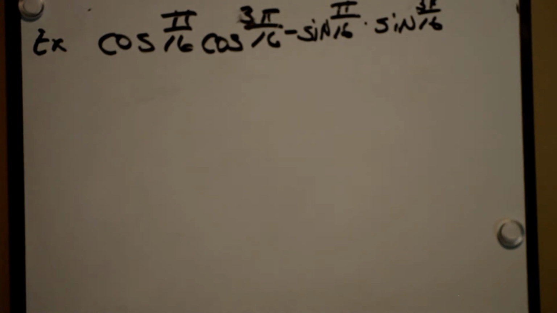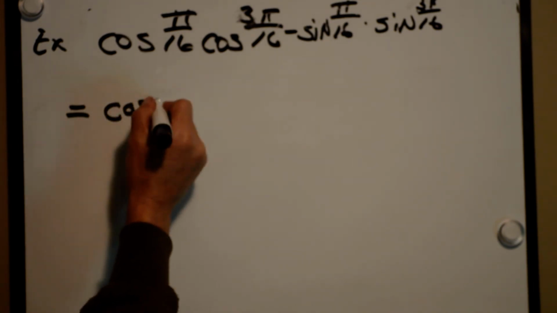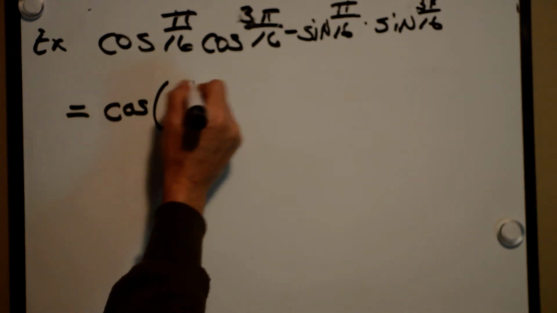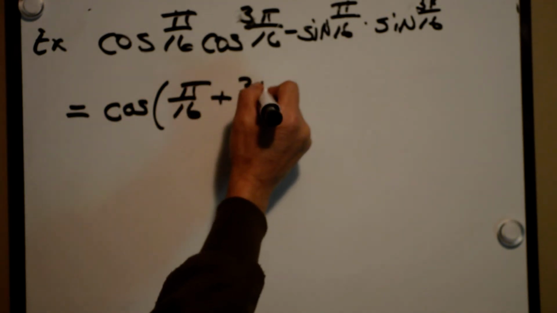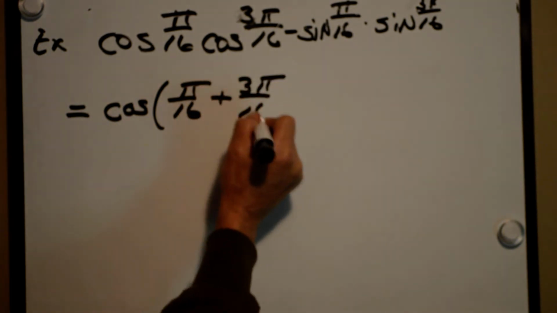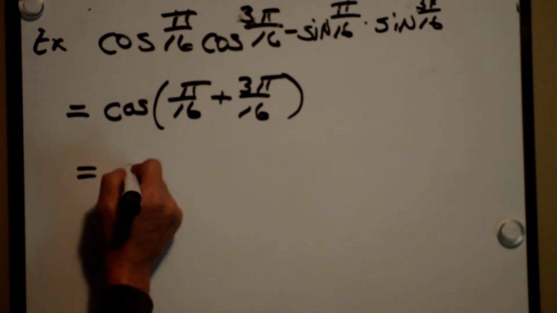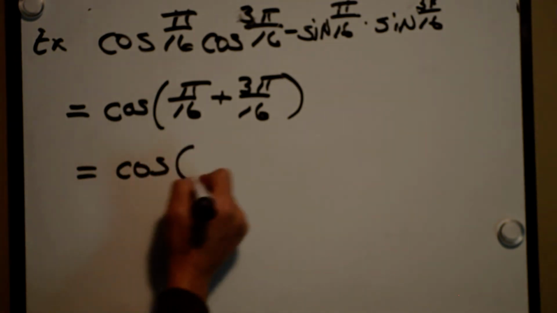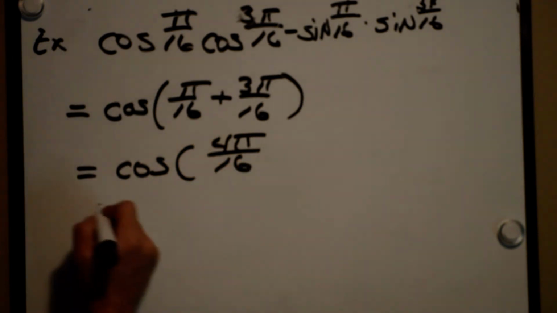So the left-hand side is just equal to the cosine of pi over 16 plus 3 pi over 16. That is what the left-hand side of your formula shows you. Simplify this. This is equal to the cosine of 4 pi over 16.